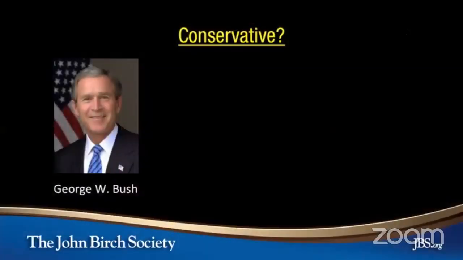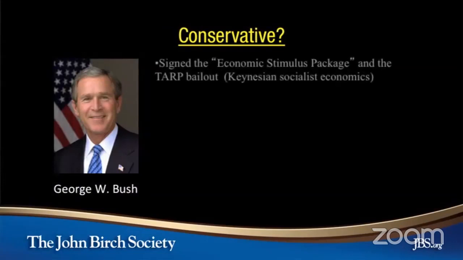Now, as we come today to modern conservatives, we see a very different brand of conservative. George W. Bush, for example, toward the end of his presidency, signed this economic bailout, this stimulus package, and a TARP bill, this trouble relief program to bail out the banks that were too big to fail.